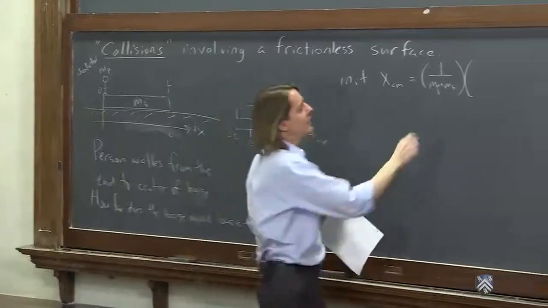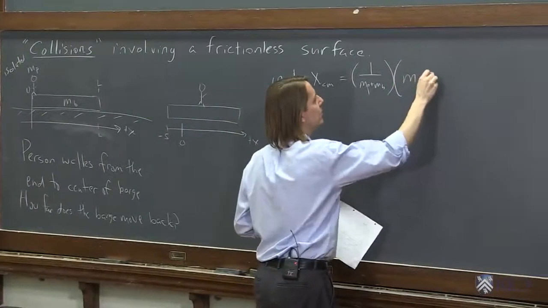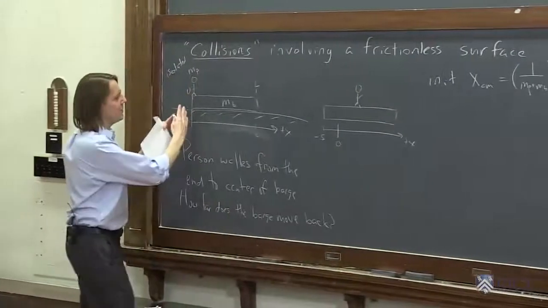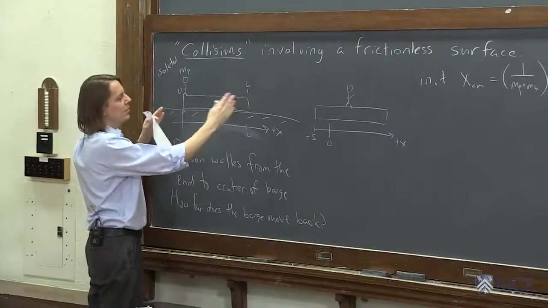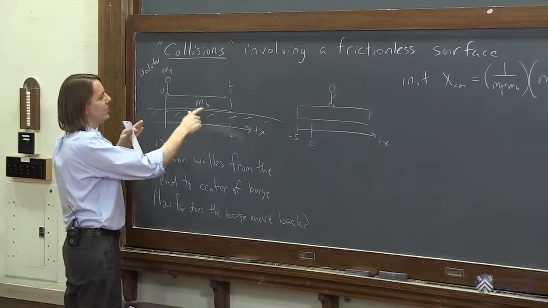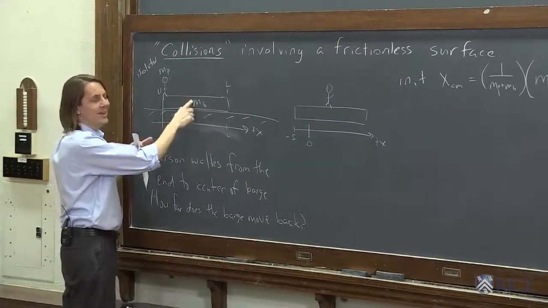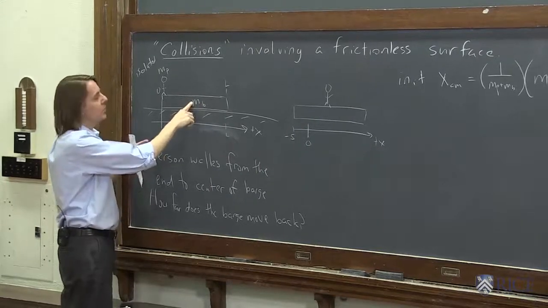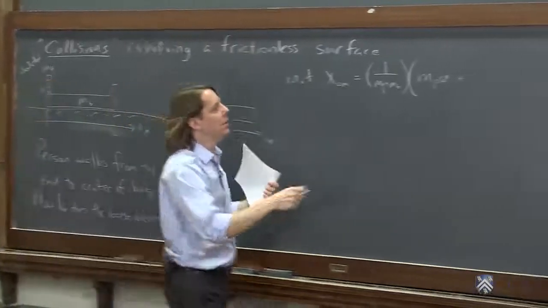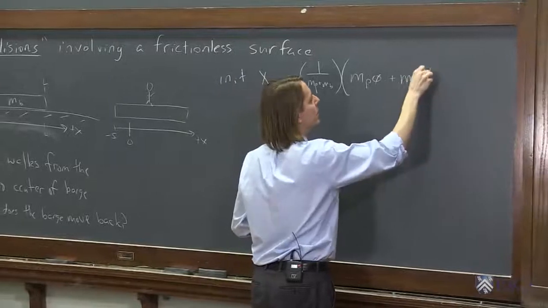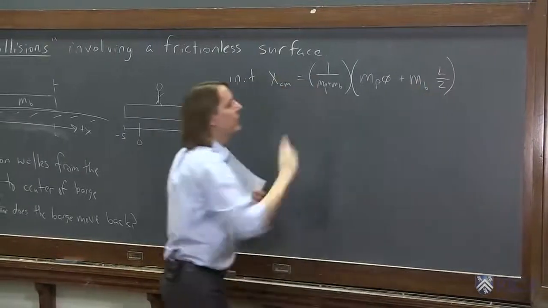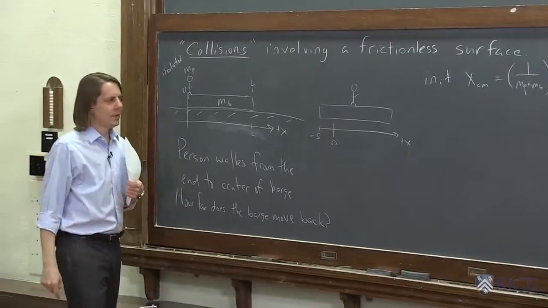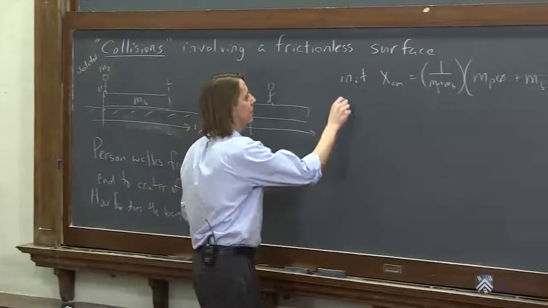So that's m of the person times 0, plus now we've got to do the barge. Well, if we assume its mass is uniformly distributed, we can think of it as a rod, and we know its center of mass is at the center, and as an isolated object itself, it acts like all its mass is at the center. So this would be mb times L over 2. If we treat it as a point particle, it's at L over 2. That's the initial. Now let's look at the final, where everything is shifted around.